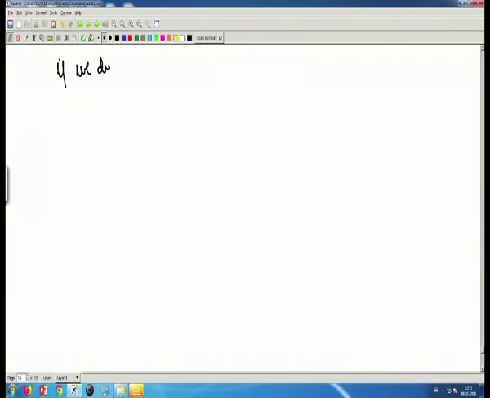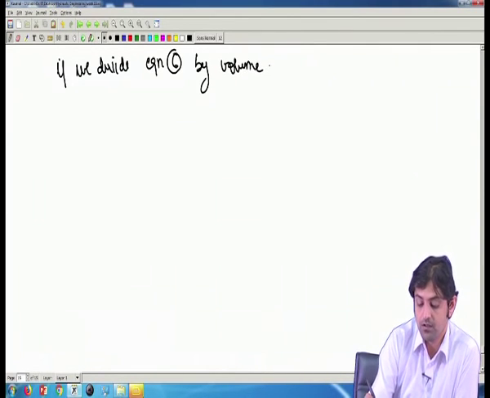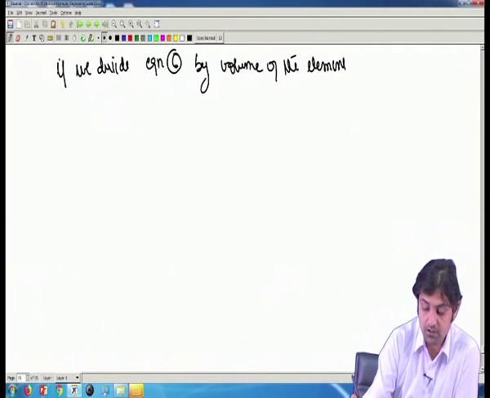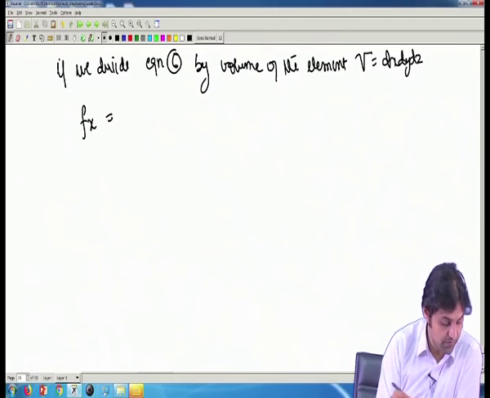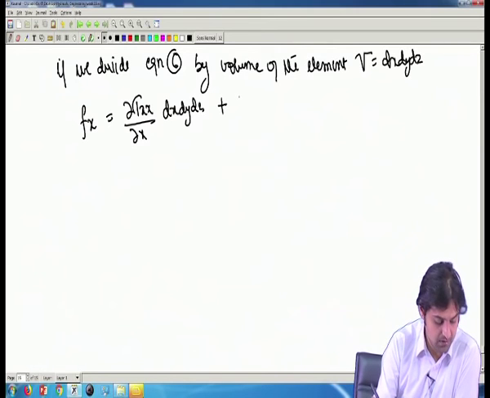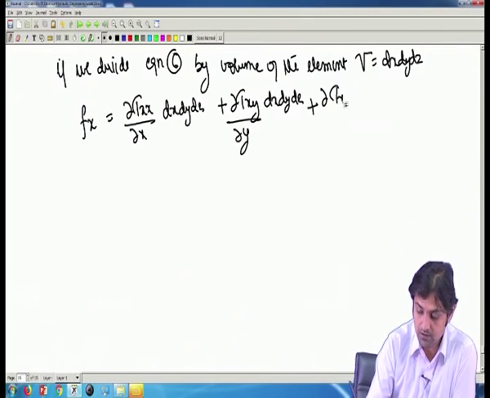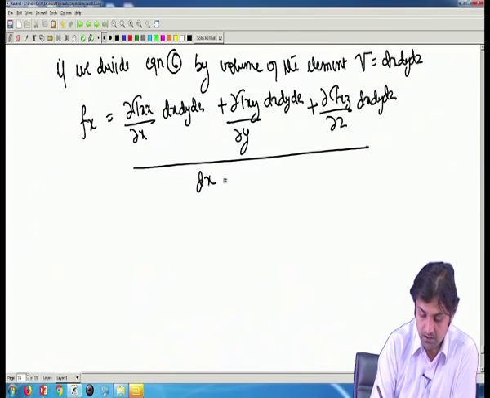If we divide equation 6 by the volume of the element, which is equal to dx dy dz, we get the differential force per unit volume, which we call small fx, equal to del tau xx by del x dx dy dz plus del tau yx by del y dx dy dz plus del tau zx by del z dx dy dz, divided by dx dy dz.